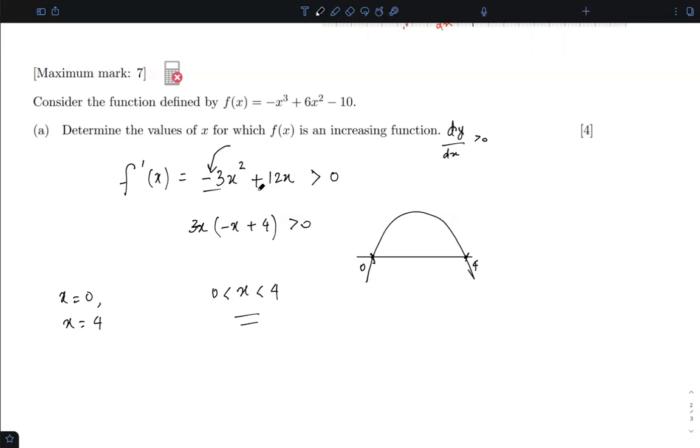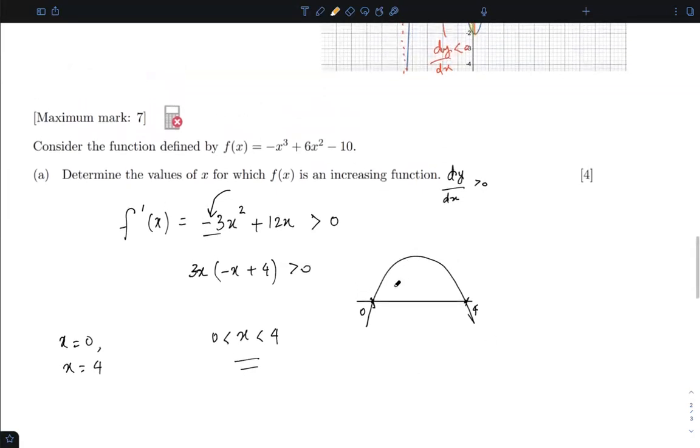We want this parabola to be greater than 0, and it is greater than 0 when x is between 0 and 4. So the function is an increasing function in the interval where x is between 0 and 4.